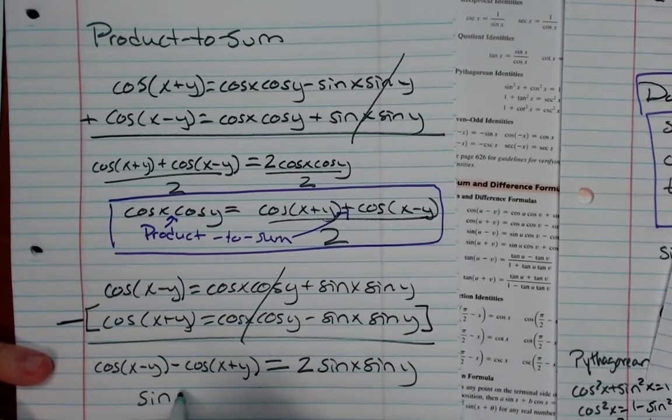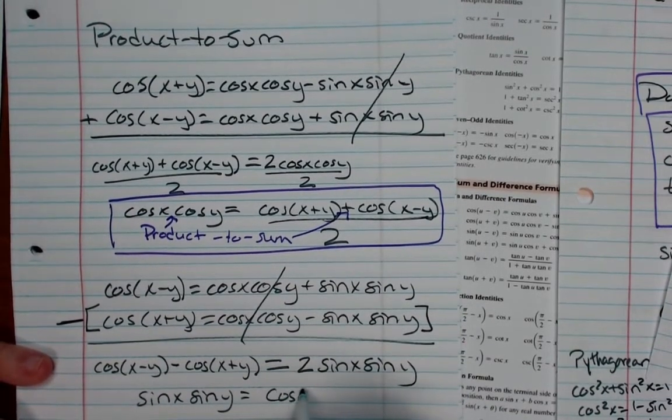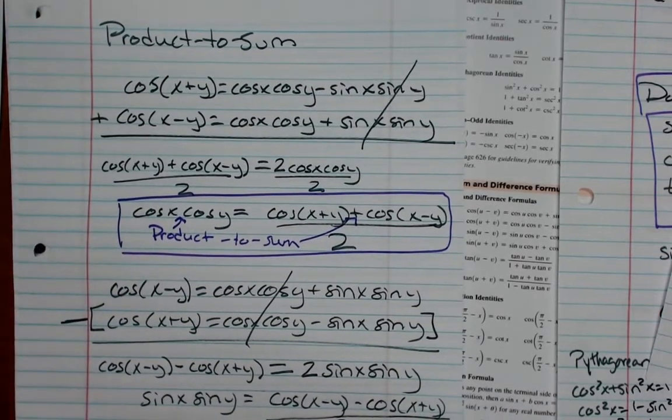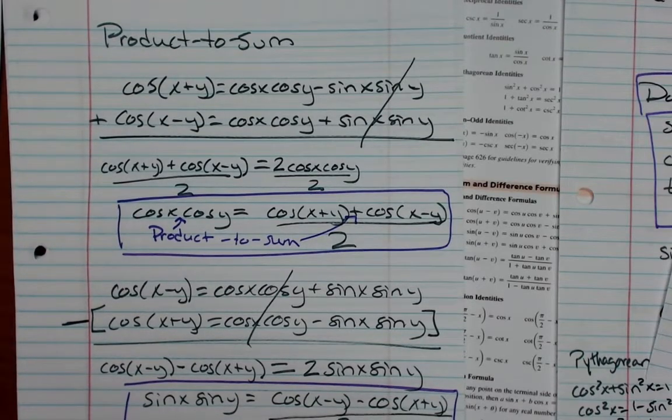That tells us that sine x sine y is just cos x minus y minus cos x plus y over 2. And that's our second product to sum.